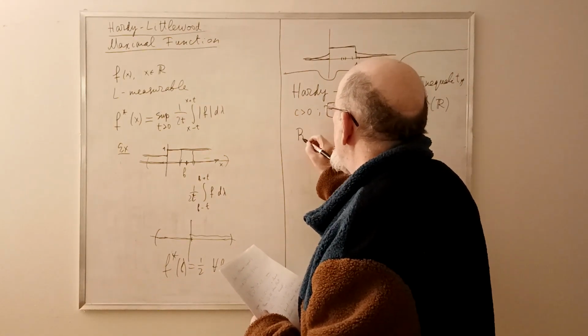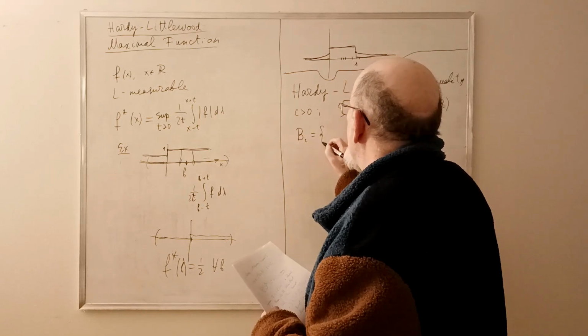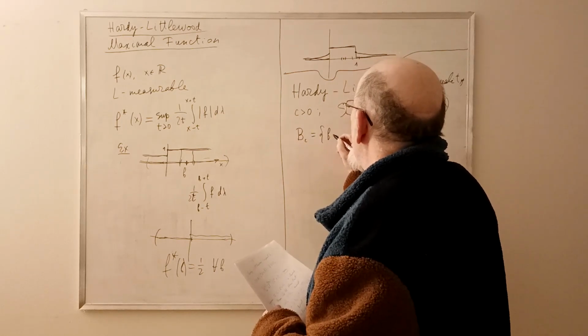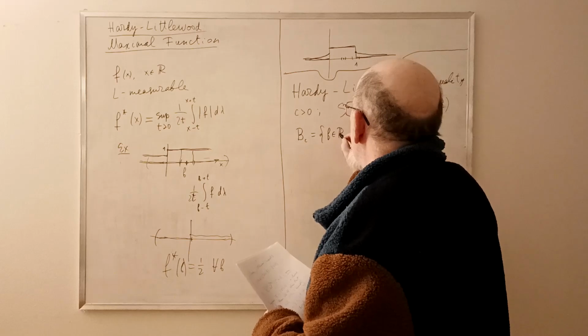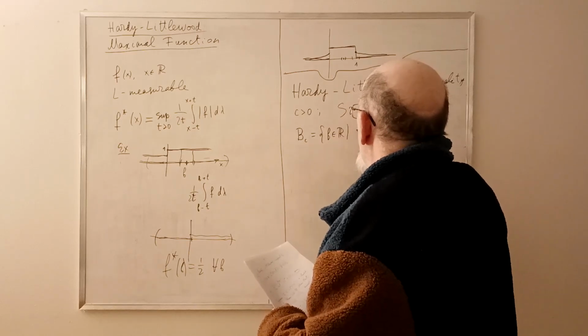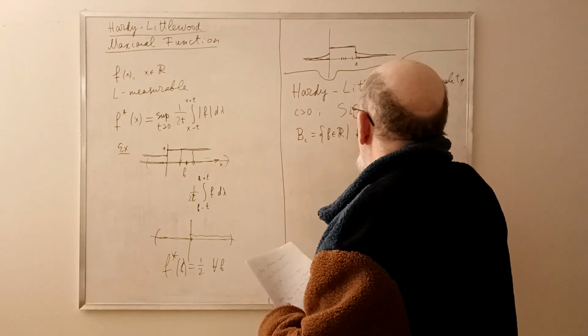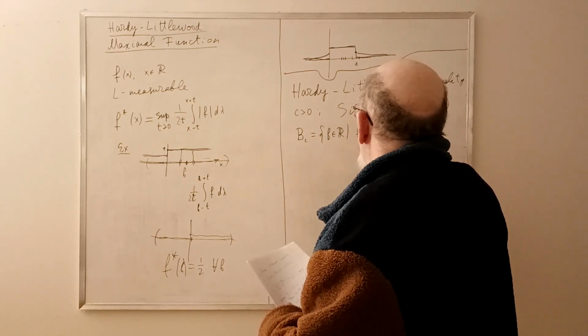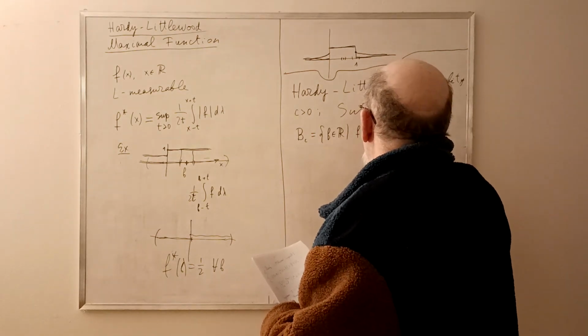Define B_c as the set of b in R such that f star of b is more than c.